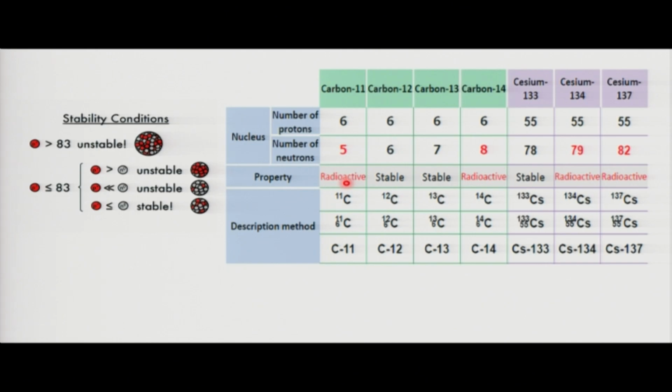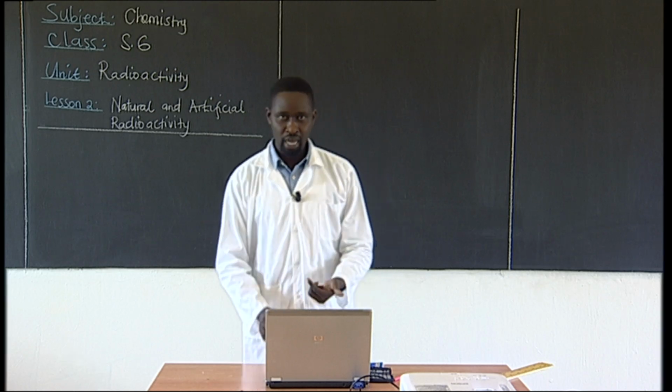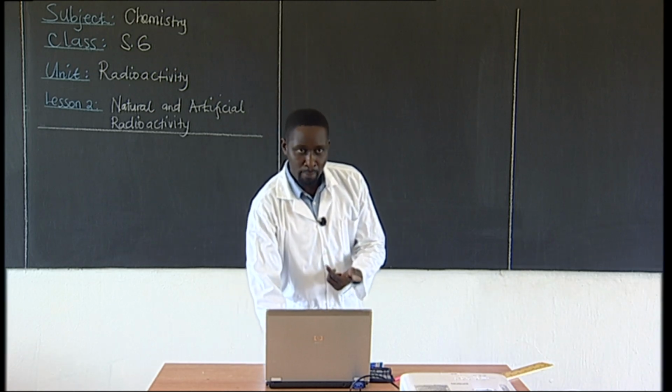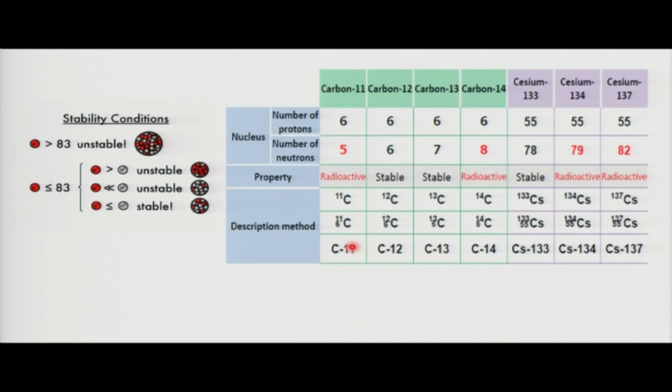But we also have the radioactive isotopes of carbon. How do they come about? Like carbon-11, this is how it is written. It's having proton number 6, neutron number 5. The presence of neutron number, which is less than the proton number, makes this atom unstable, and so it is a radioactive isotope.